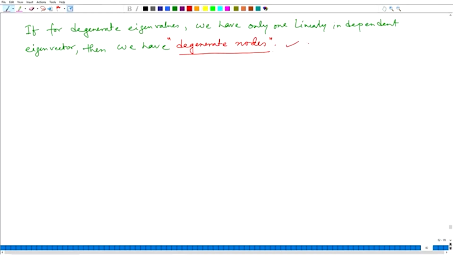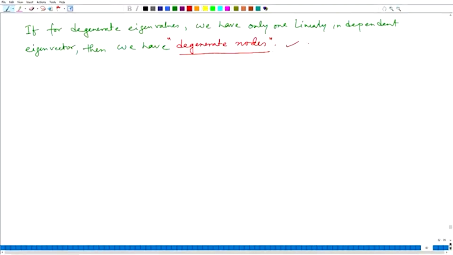Finally, we have seen that depending on the nature of the eigenvalues of the coefficient matrix A, we found different types of fixed points, which influence the nature of the phase space trajectory near the fixed points and also the global dynamics in the two dimensional phase space flow, right.